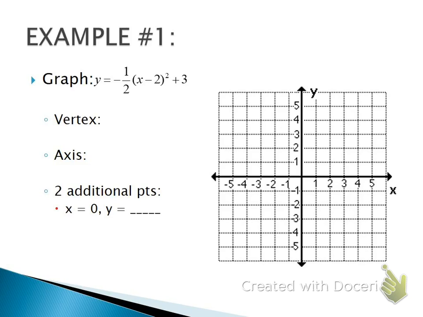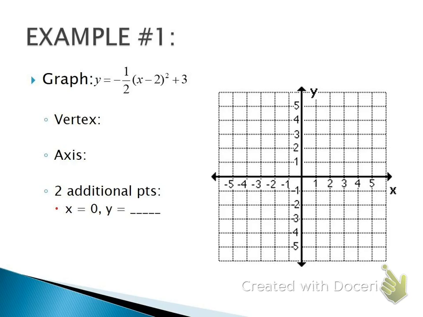All right, so let's start with the vertex. From our notes above, our vertex is at what point? Jacob? Negative 2 comma what? Okay, so you are very close to being correct.